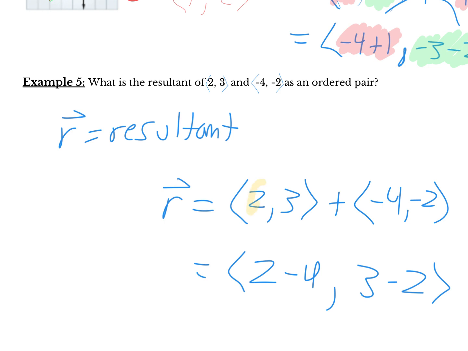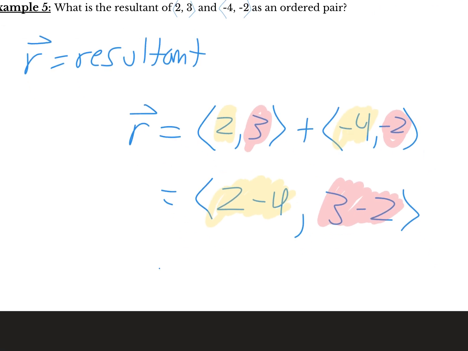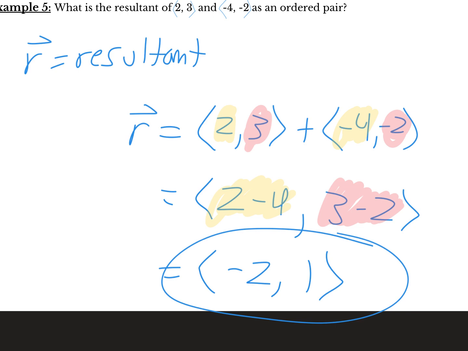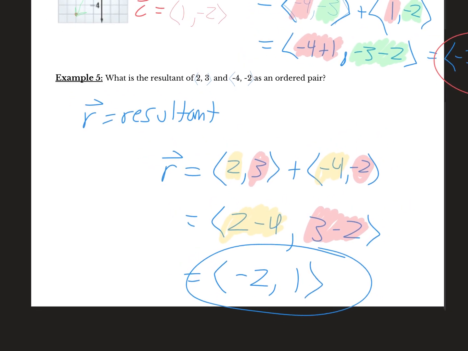Once again, I'm just taking both x values and adding them together for my new x value, and taking both y values and adding them together to find my new y value. Doing this, I get the new vector, our resultant, to be -2, 1. And that would be our final answer. And that concludes this section of notes.